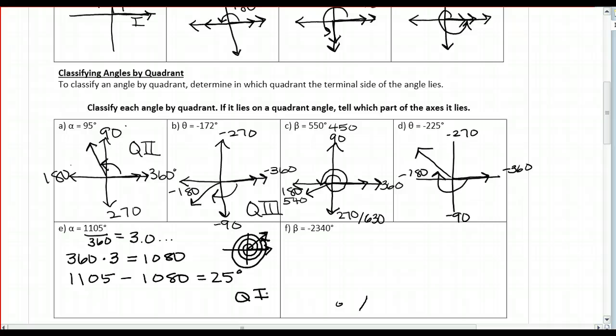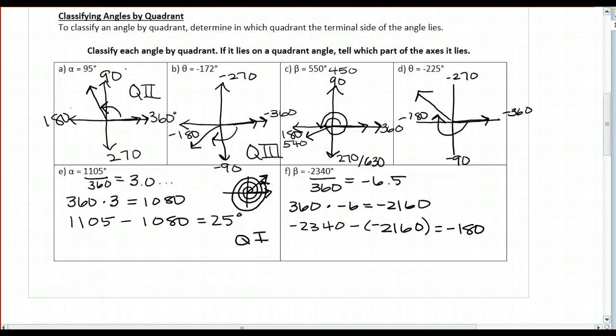Alright, I will let you work on F. Alright, hopefully you took some time to figure it out. You should have gotten an angle measurement of negative 180 degrees.